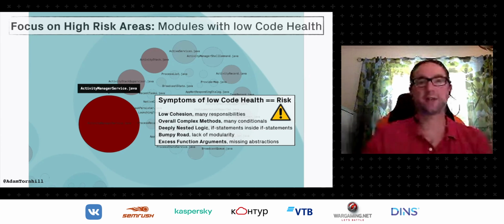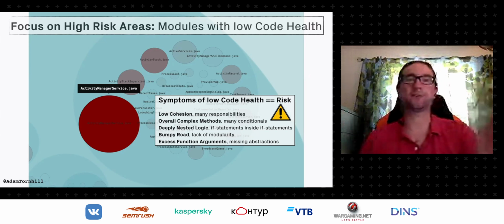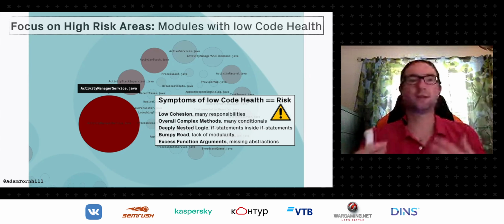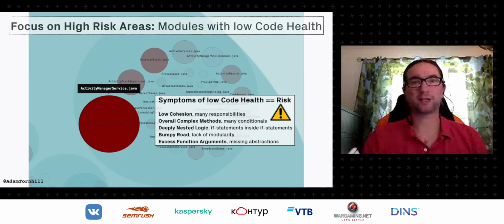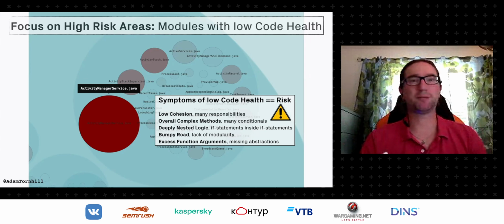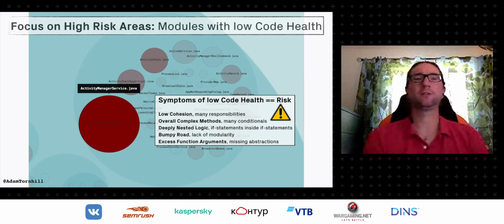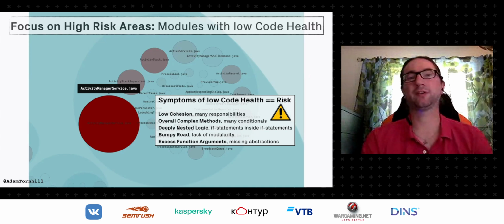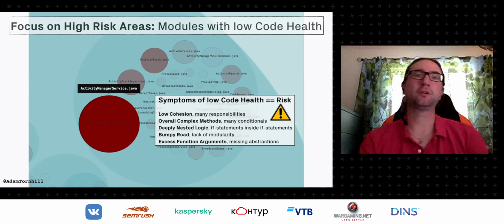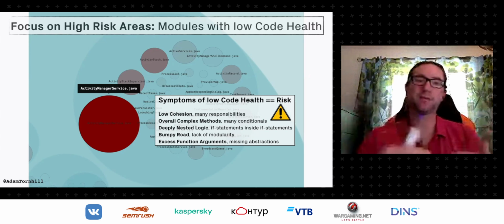It's a combination of factors, and I have listed some of them here on screen. So what I do here is look at a number of patterns that are known from research to correlate with increased maintenance costs and an increased risk for defects. So one of the things I look for in a hotspot is low cohesion. Low cohesion simply means that the hotspot has accumulated too many responsibilities.